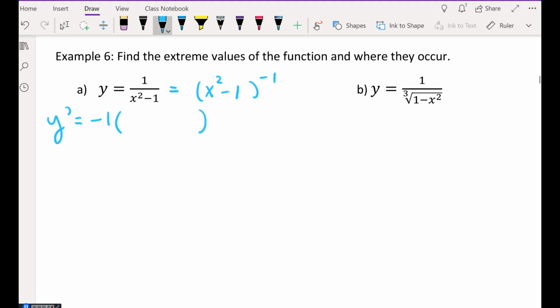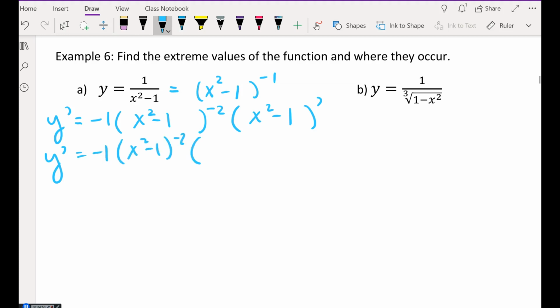-1 times x squared minus 1 to what power? -2 times the derivative of the inner. What's your inner? X squared minus 1. I'm writing a step. If you can go straight, go for it. So -1 times x squared minus 1 to the -2 power. That derivative is going to be 2x.